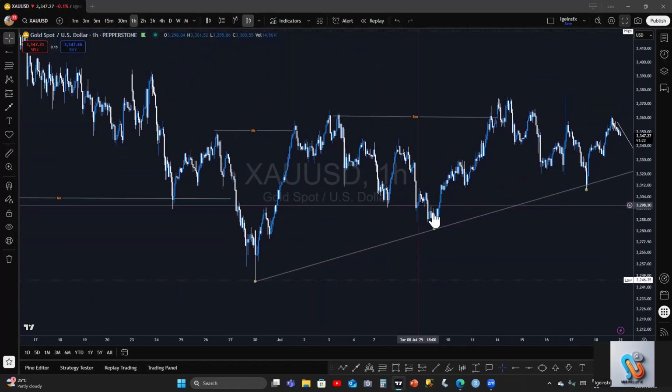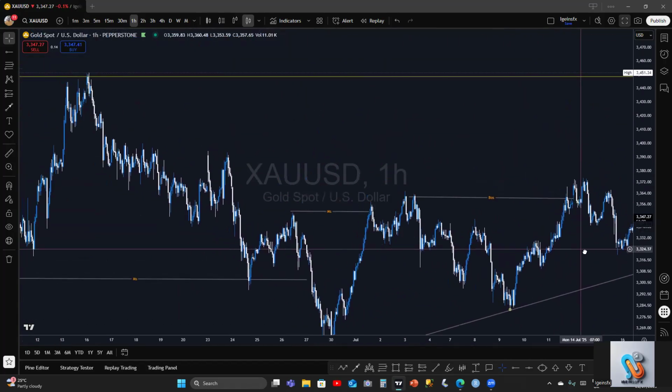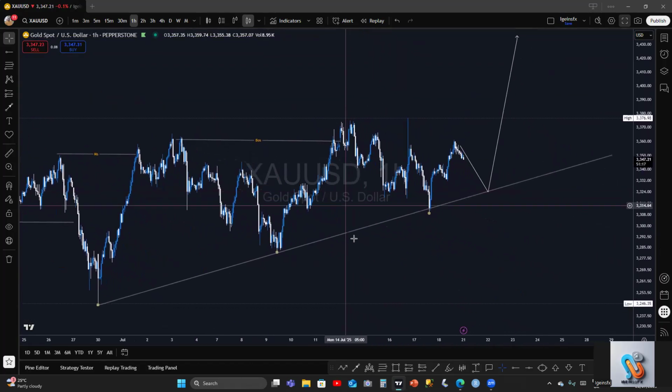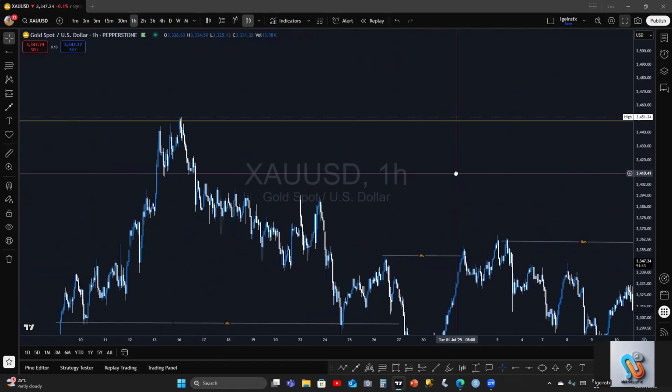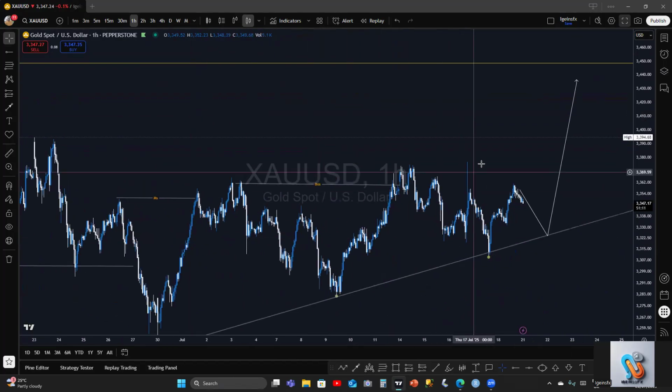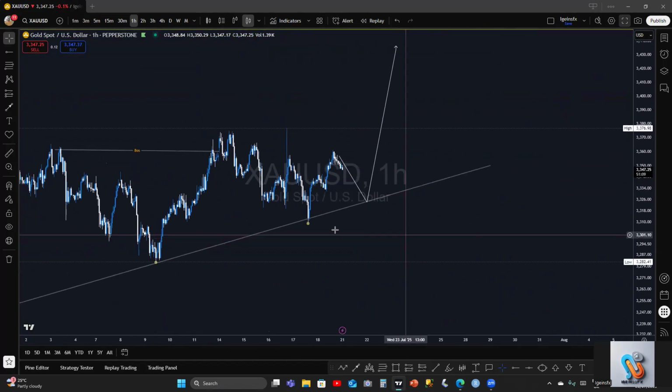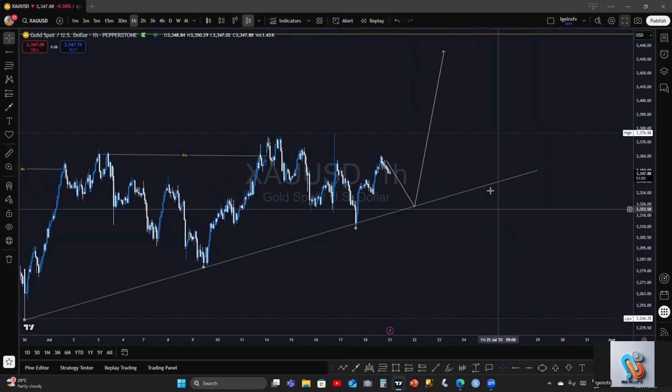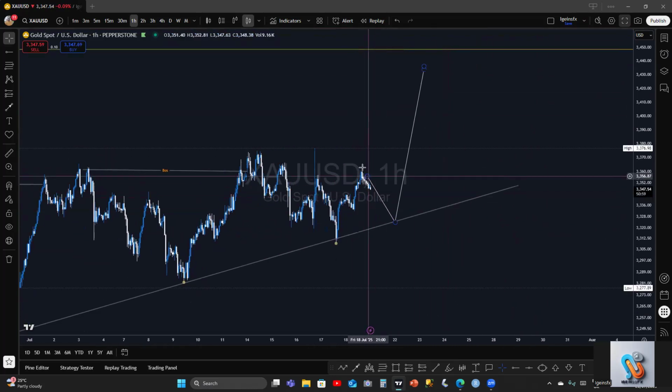So price has resumed a bullish push. So anywhere from now, any little bearishness, then push bullish. So we'll just be looking for an opportunity to buy, not to sell.